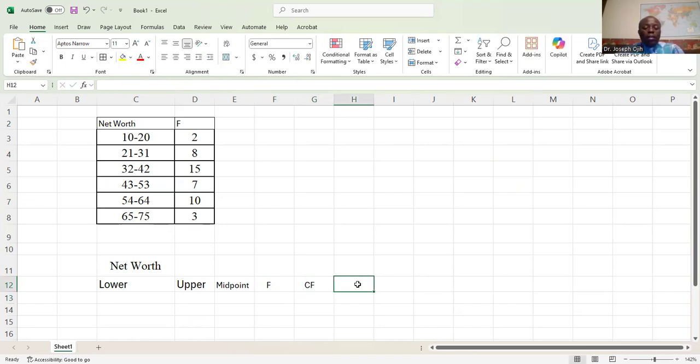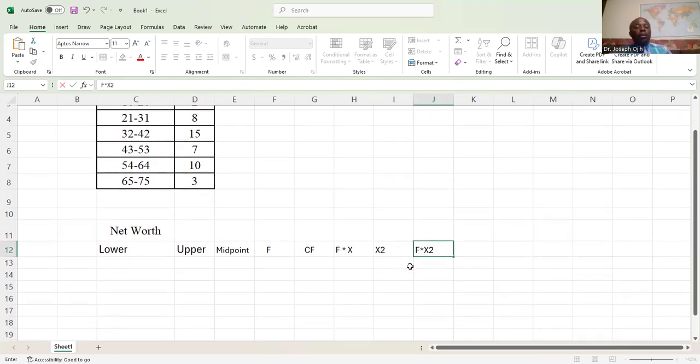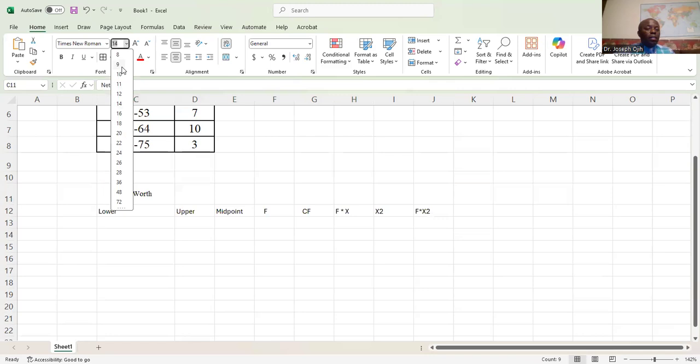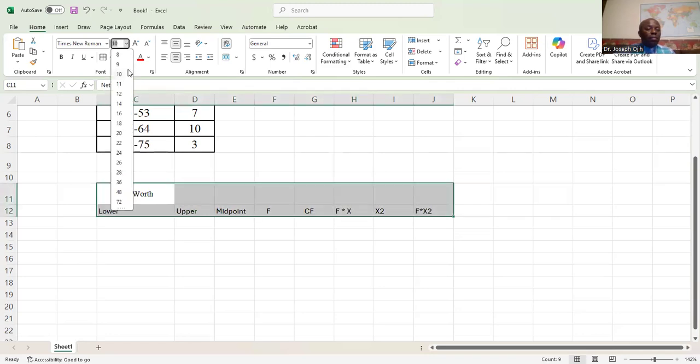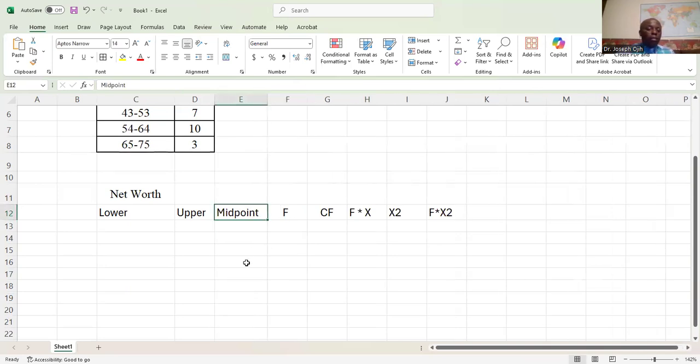Then F times X, then X squared, then F times X squared. Now I'm going to highlight them and make them reasonably not too big. Good. I have everything, including the midpoint. Now we're ready to work.